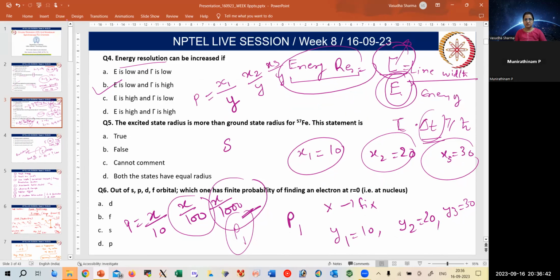Okay. So delta R, we saw that the radius of the excited state and the ground state. Now what I said, the delta R is negative in the case of iron 57.